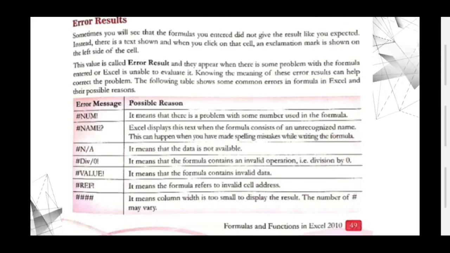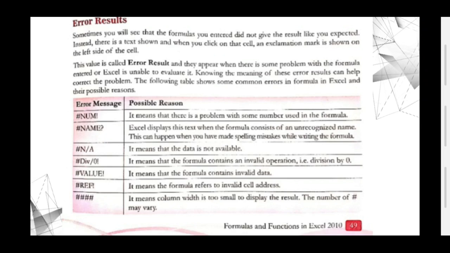That we will discuss. First, you can see the sign #NUM!. It means that there is a problem with some numbers used in the formula, so you need to check that. Next is #NAME?.